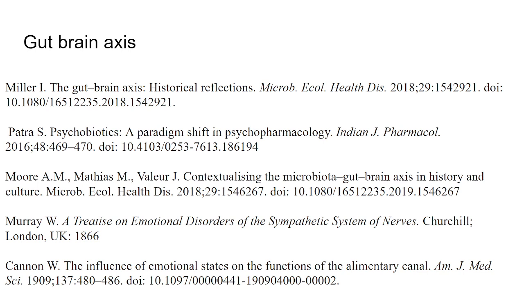The research papers coming up are quite huge in number, and most of this development has occurred in the last 8 or 10 years. Probably the first paper which gives the idea of a gut-brain axis came in 2012.